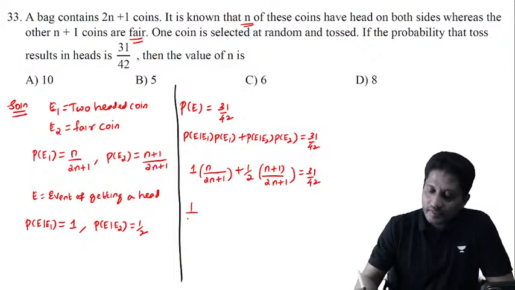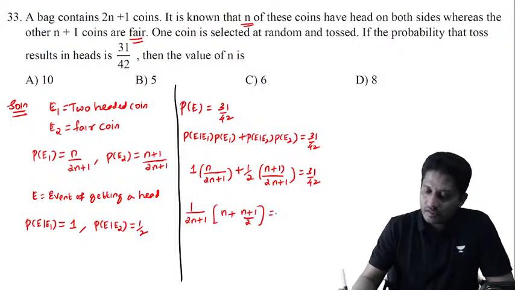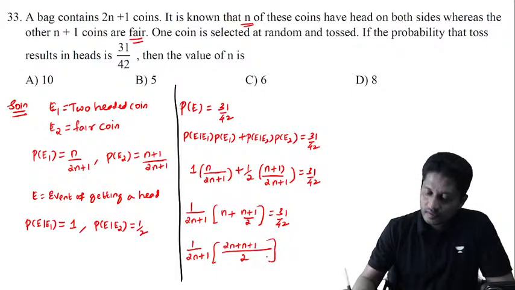I'm going to take 1/(2n plus 1) common. Left out is n plus 1/2, equal to 31/42. So 1 divided by 2n plus 1, take LCM 2. If I cross multiply, it is 2n plus n plus 1 equal to 31/42; this will cancel with this 21 times.